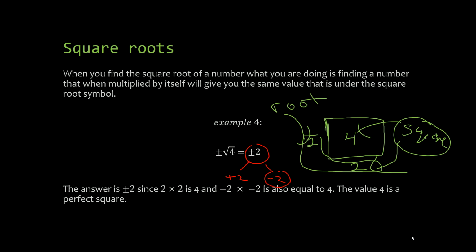But basically, try and remember this for now. When you have two of the same symbols, for example, if I have two pluses, I will get a plus. If I have two minuses, I will also get a plus. But if I have a plus and a minus, I'll get a minus. And if I have a minus and a plus, I will also get a minus. Alright?